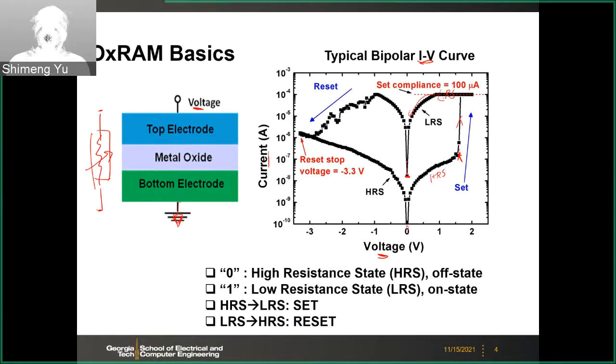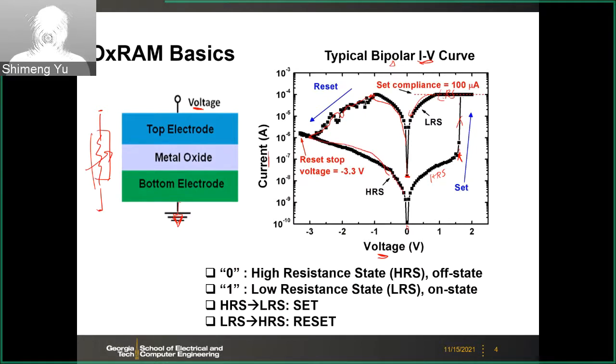If we want to reset the device, then in the bipolar operation, we have to apply negative voltage here. And then after a certain negative voltage, the device progressively decreases the current. That means higher resistance. So here, after like negative 3.3 volt sweeping, we gradually reduce the negative voltage.